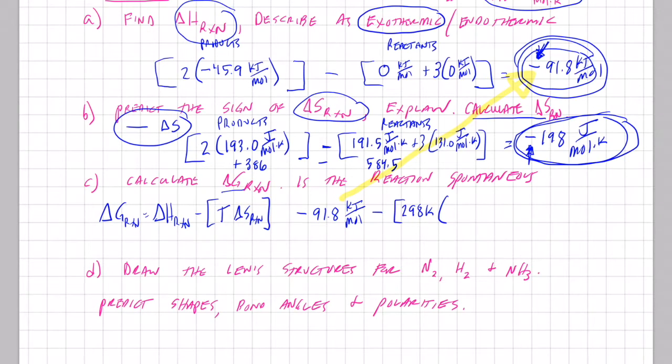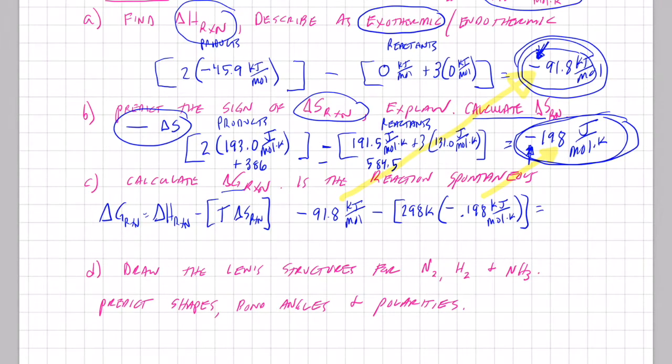So the entropy change is negative 0.198 kilojoules per mole K. And do you see where I got that from? Let's take a look right over here. Didn't we calculate the entropy change in joules per mole Kelvin not too long ago? And so I've just converted it to kilojoules per mole Kelvin.